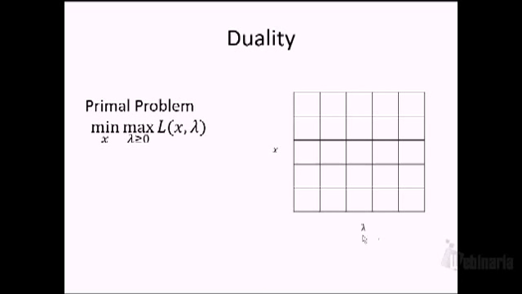And for visualization purposes, I assume that the variables are discrete. So we have discrete choices of x and discrete choices of lambda, and for each x and lambda, we have a value of the Lagrangian. In reality, you can assume that we have a grid of infinite resolution.